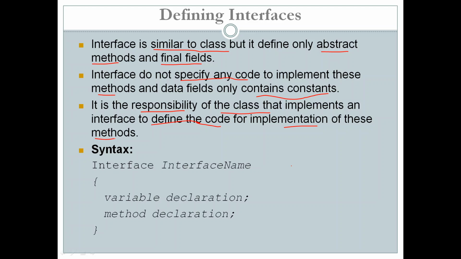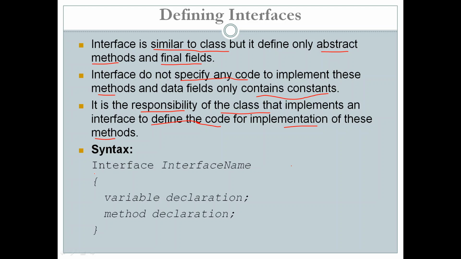Like I have said, interface does not include implementation details, whereas the implementation details are provided by the class which inherits the interface. Okay, let us look at one simple syntax of interface declaration in Java.